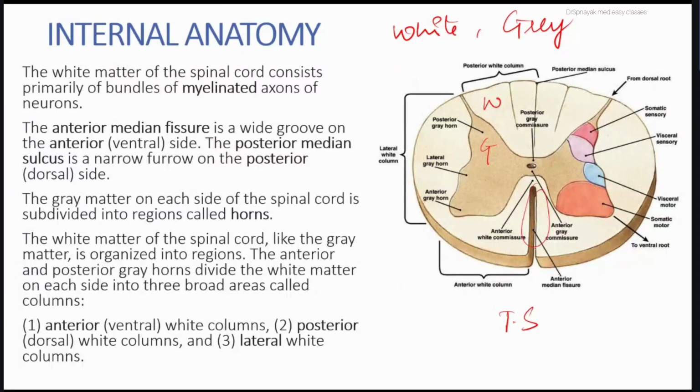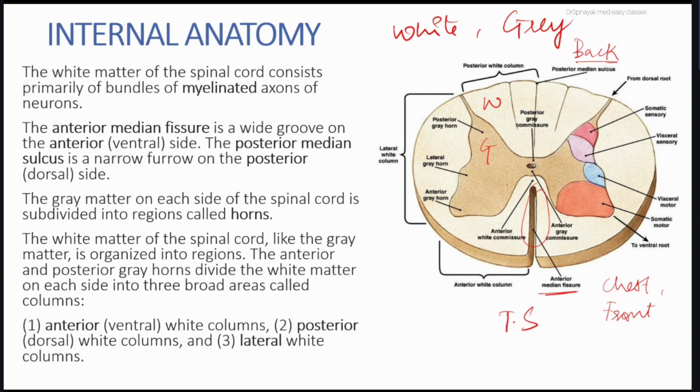This is a wide groove or it is a major fissure, also known as anterior median fissure. It is a wide groove on the anterior or ventral side. So if we explain what anterior and posterior is, this is the back area and this is the chest area or the front area.